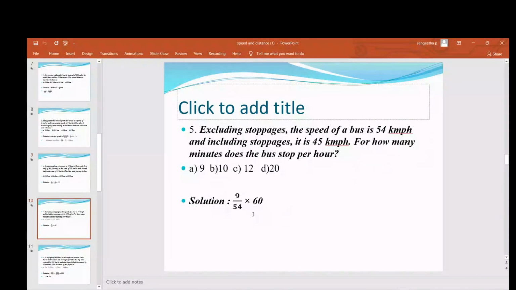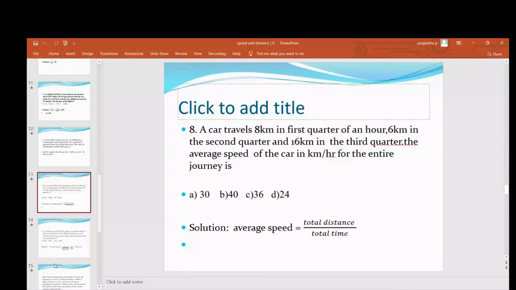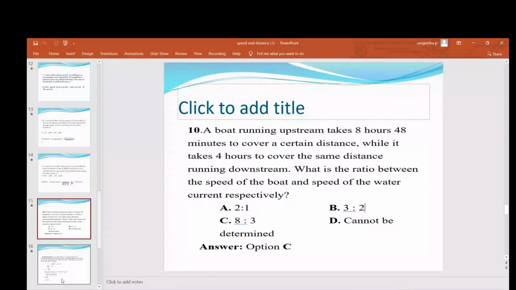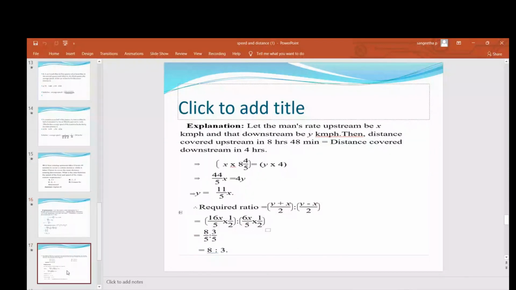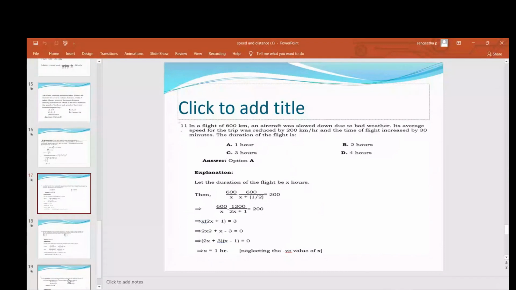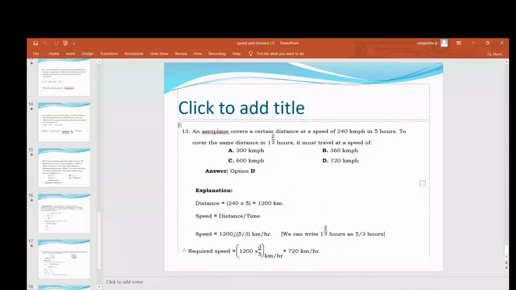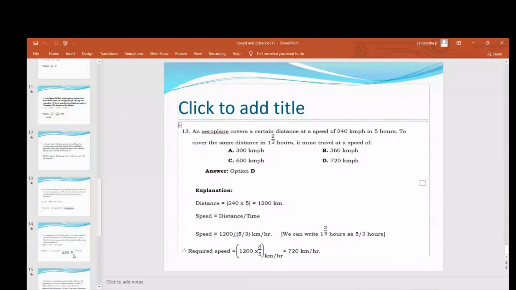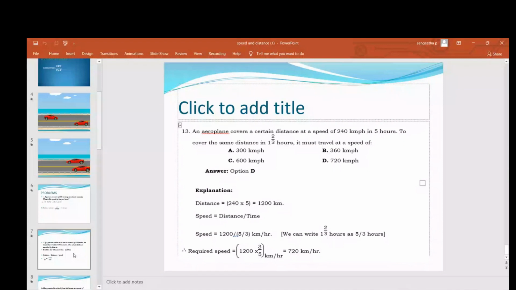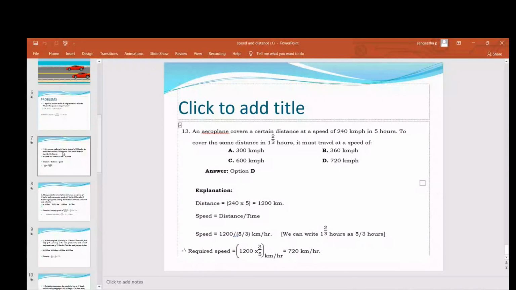For how many minutes does the bus stop per hour?